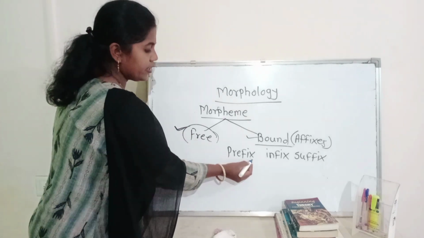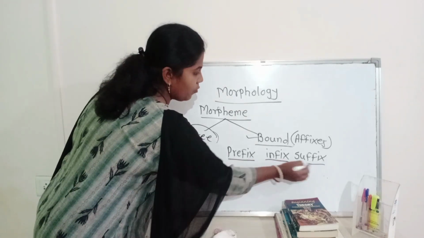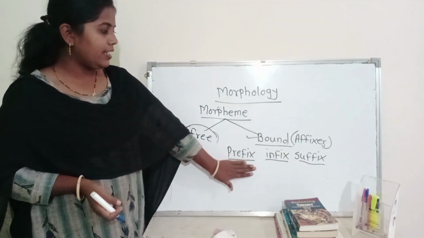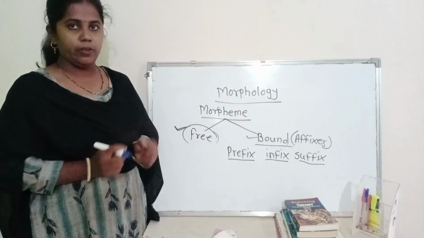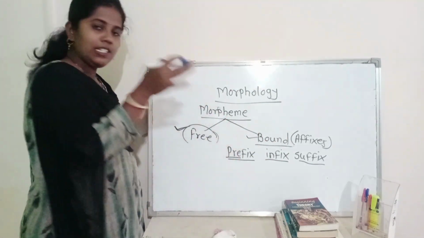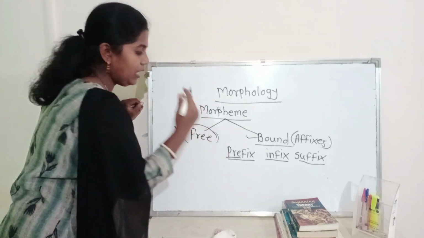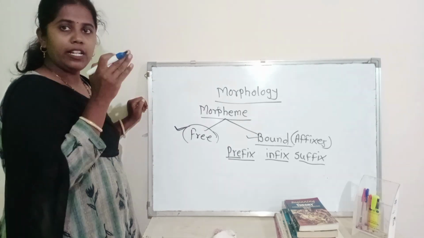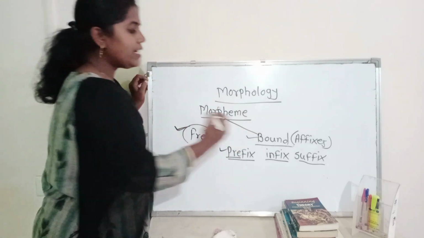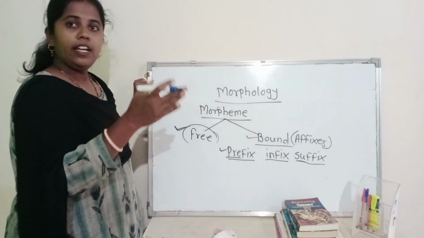First of all, we will try to understand what is prefix, what is infix and what is suffix. First of all, I have made it clear that these are the types of bound morpheme. Then what is prefix? If you split this word, pre means earlier, the beginning, at the beginning of the word. If any minimal unit comes before or at the beginning of the word, then that is a prefix. Okay, and suffix is exactly opposite to the prefix. It comes at the end of the word.